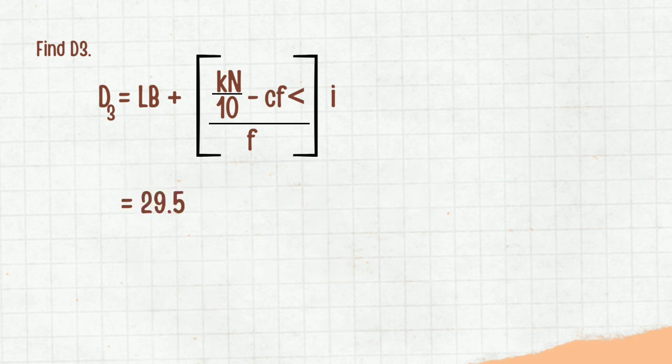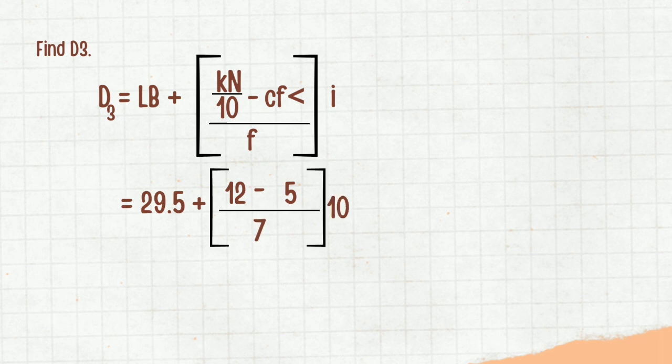Our lower boundary is 29.5 plus our kn over 10, which is 12. Then the cumulative frequency before is 5, over our frequency, which is 7, times the interval 10.